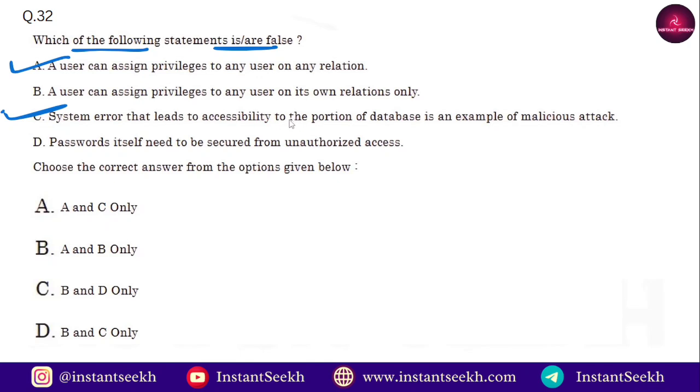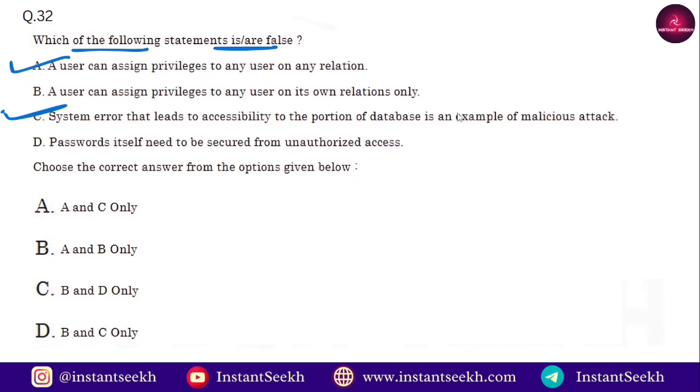Now why is it false? A system error leading to unintended access is basically a security vulnerability, or accidental exposure, rather than a malicious attack. A malicious attack implies deliberate actions by an attacker, whereas an error that leads to accessibility is more of an unauthorized access kind of error.